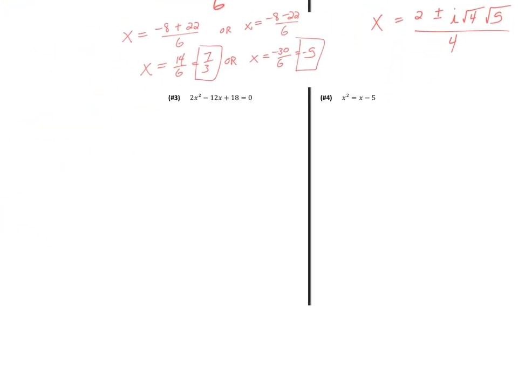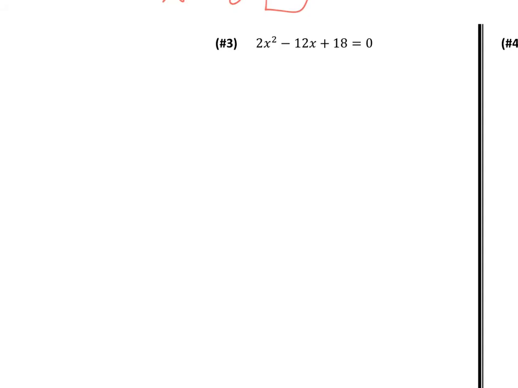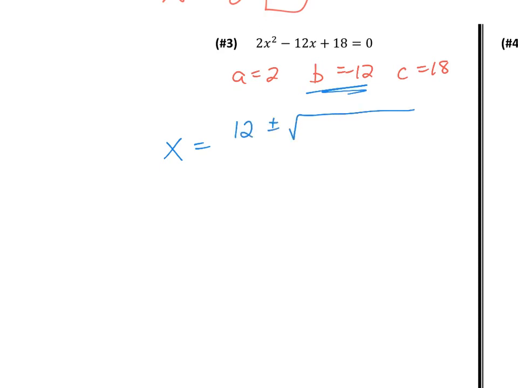And we got 2 more of the same, so we'll just run through these quick. a equals 2, b equals negative 12, and c equals 18. So x equals negative b. The opposite of b would be the opposite of negative 12, which is positive 12, plus or minus the square root of negative 12 squared minus 4 times a times c, all divided by 2 times a.